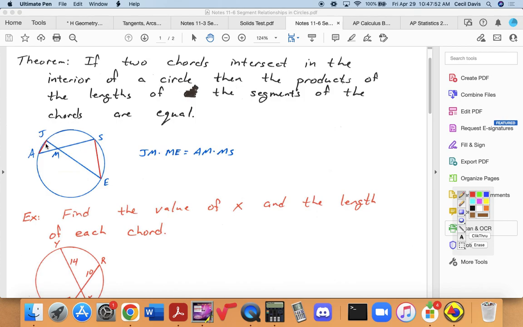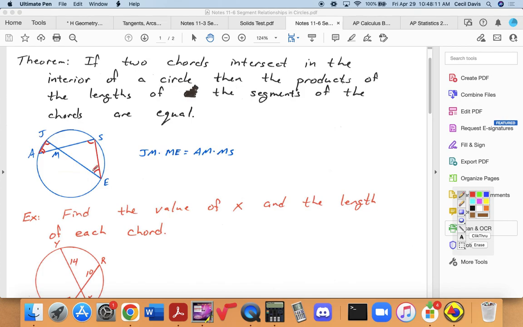Equal. Yeah, they're congruent to each other. Likewise, this angle at A intercepts arc JS, and the angle at E intercepts arc JS. So those two are congruent.